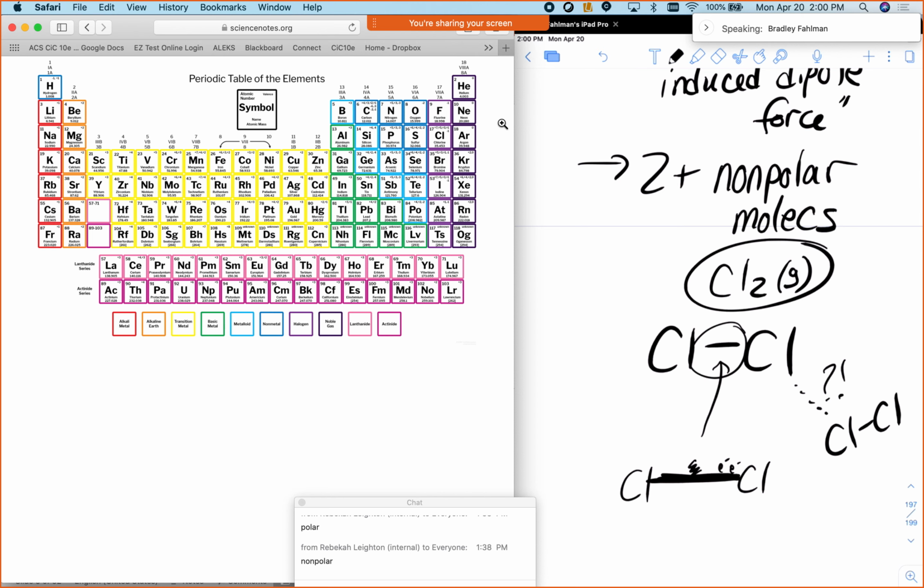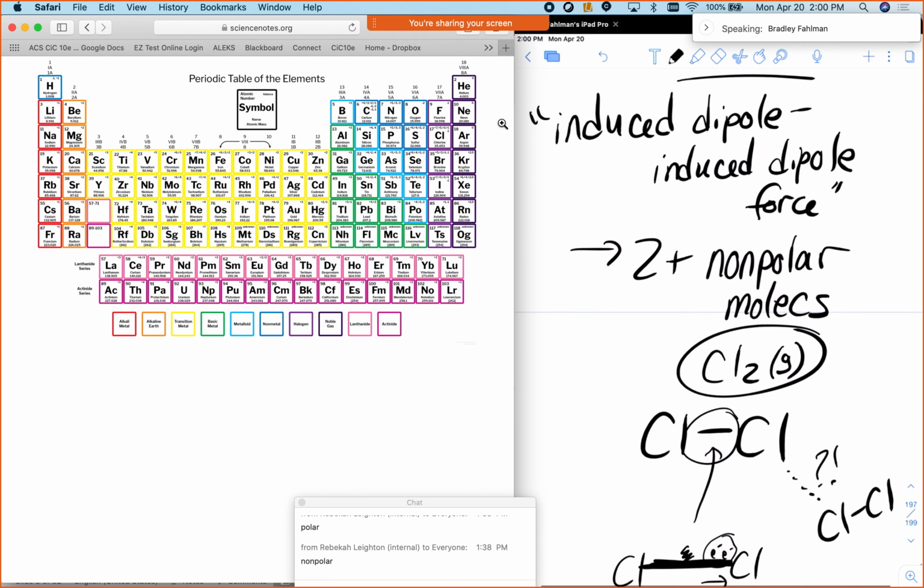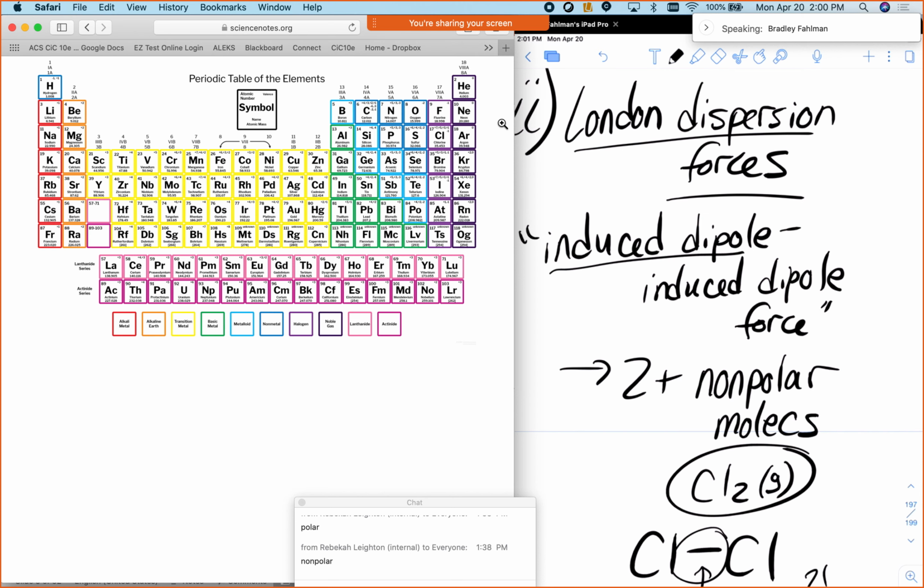They're in certain orbitals between those atoms, and they aren't fixed in position. And so at any one time, you could have two electrons that are a little closer to this side of the molecule. That's what I mean by induced dipole.